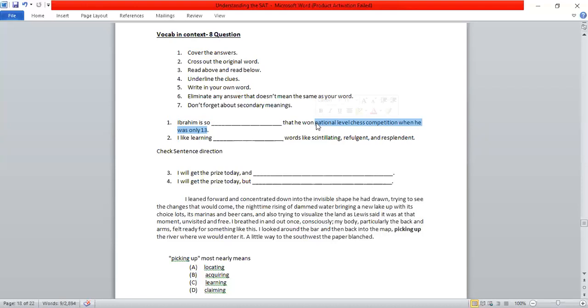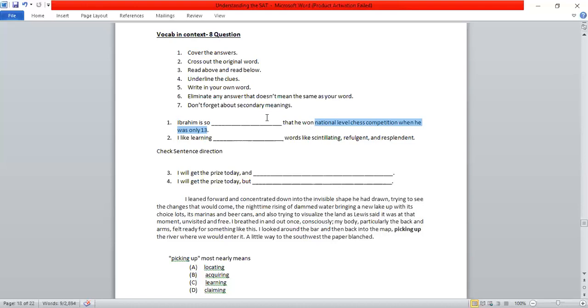So at 13, if you're reaching national, that means you're doing something great. So Ibrahim is so something positive, very rare, something exceptional, that he won all of this. So the type of word we are looking for has to do with exceptional, out of the world, great, intelligent.